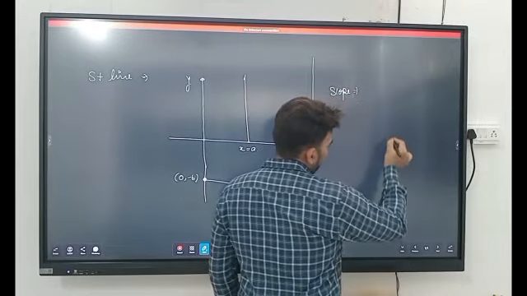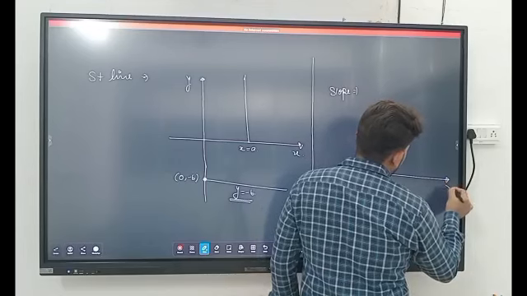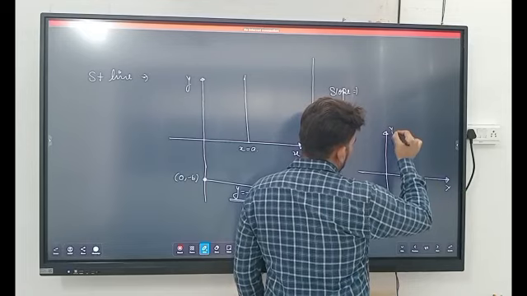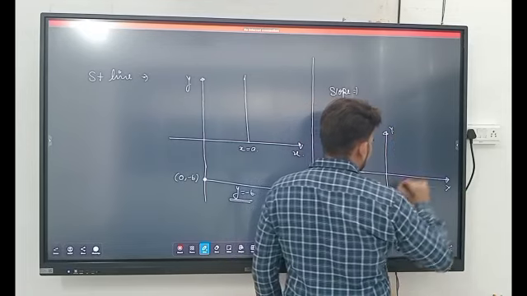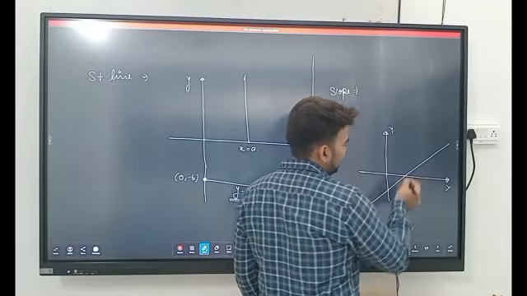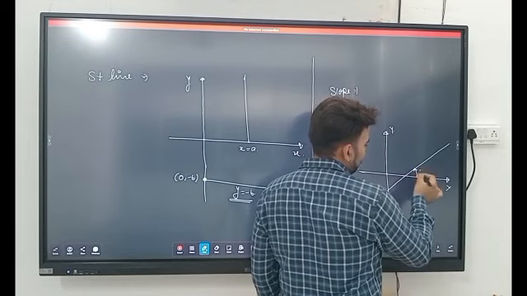Let us suppose here it is the y-axis, this is the x-axis, and if I am taking a line like this, in that case we will take the angle like this, and this is called the slope.